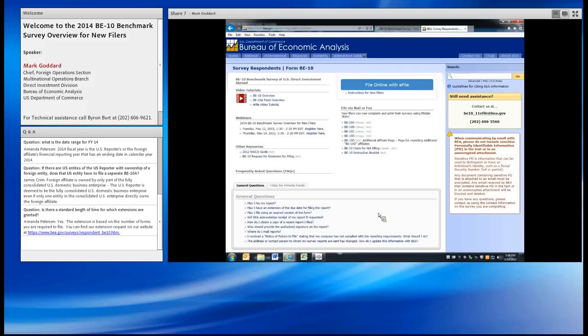Click on the link, and please notice as well that the link to this web page was in the letter and/or flyer that you received for new filers. So now the request for extension for filing is located in the bottom left portion of the resources under Other Resources. Under Other Resources, you can see the BE10 request for extension for filing. I did want to point that out to everyone before going to the next question.